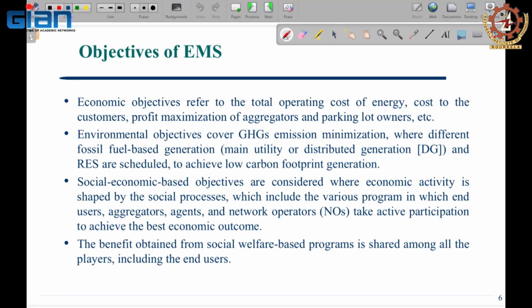The environmental objective, as we know, will cover greenhouse gas emission minimization, where the different fossil fuel based generation, mainly utility or distributed generation, and renewable energy sources are scheduled to achieve a low carbon footprint. So basically, in the environmental aspect, our emphasis is to have more and more power from renewable and sustainable power generation, to have minimum emission as possible.